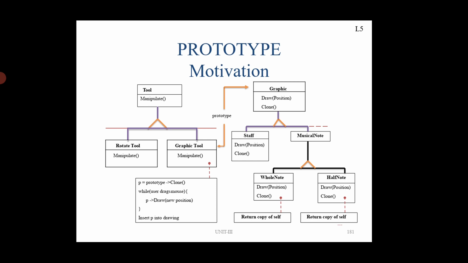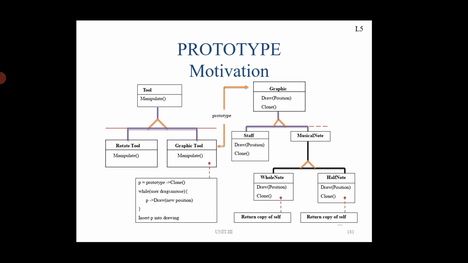The classes for notes and staves are specific to our application, but the graphic tool class belongs to the framework. So a graphic tool does not know how to create instances of our music classes to add to the score.